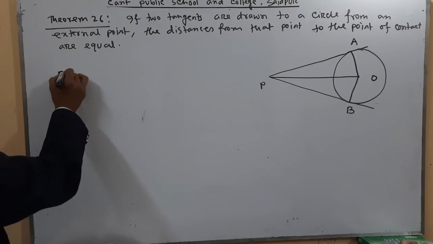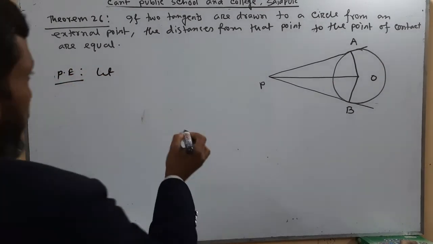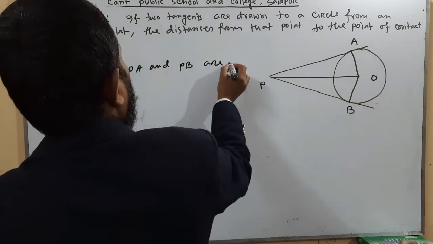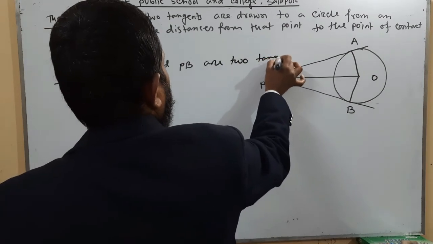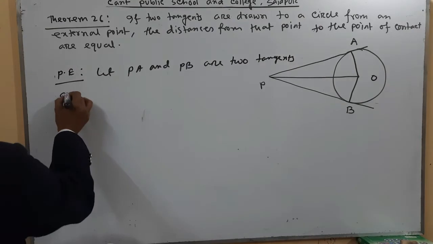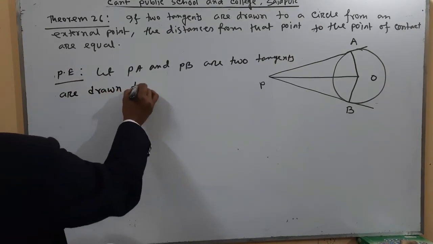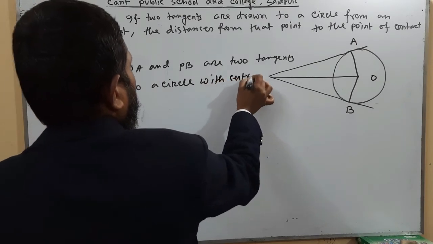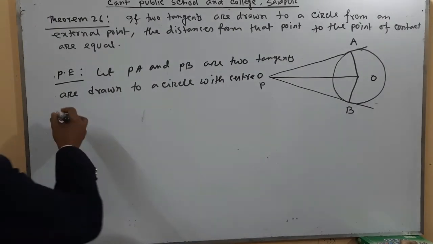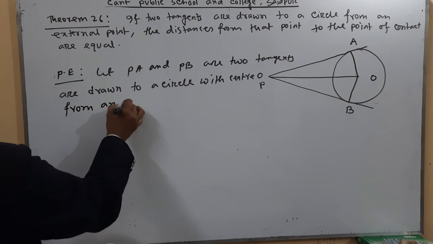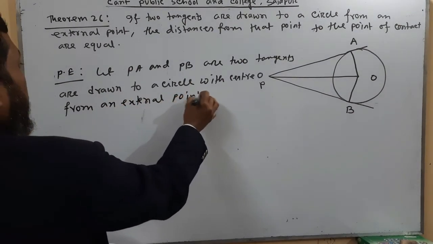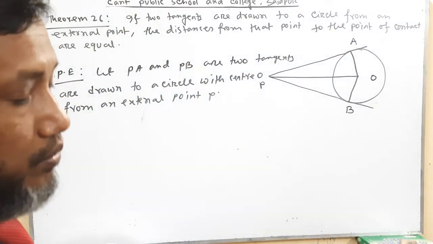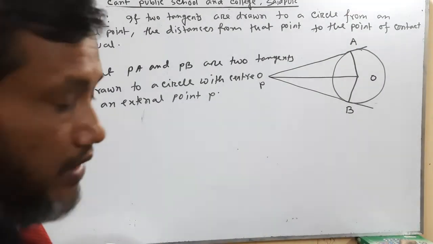Okay, now particular enunciation. Let PA and PB be two tangents drawn to a circle with center O, from an external point P. Here A and B are two points of contact of these two tangents PA and PB respectively.